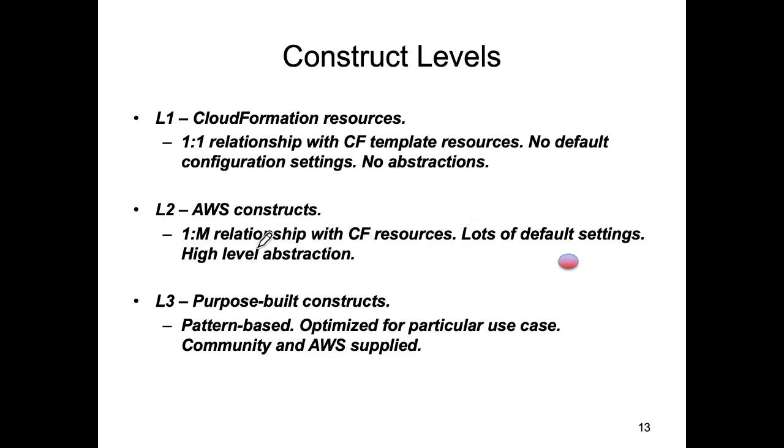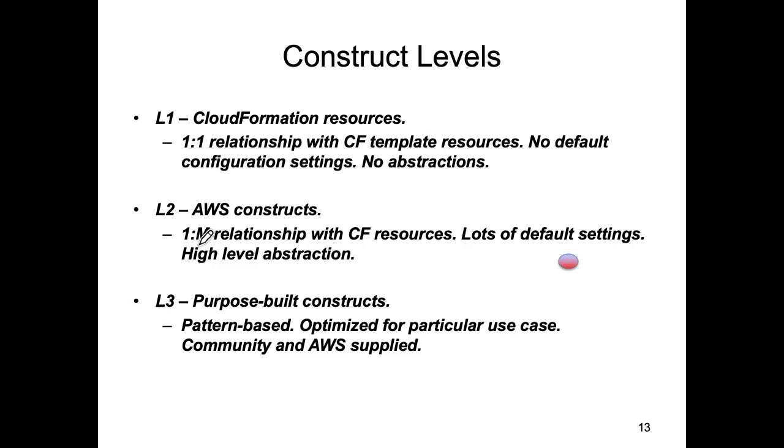High level of abstraction. L3 constructs then are just a level higher yet again. An L3 construct is really kind of pattern-based stuff. So you might have, for example, an L3 construct which produces an EC2 instance managed by an auto scaling group and an application load balancer in front of it.